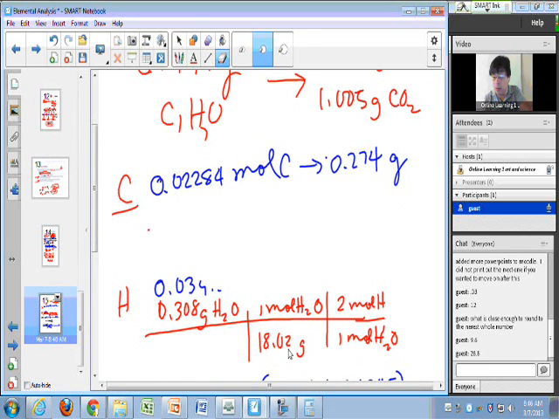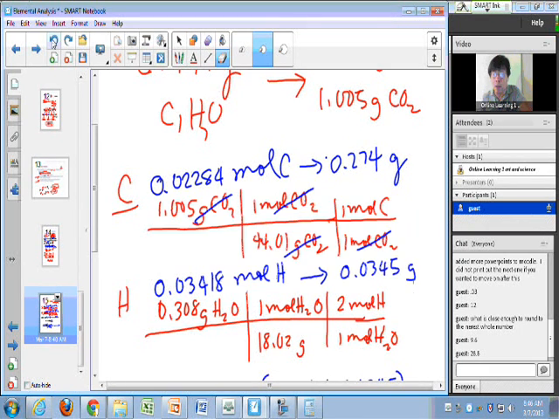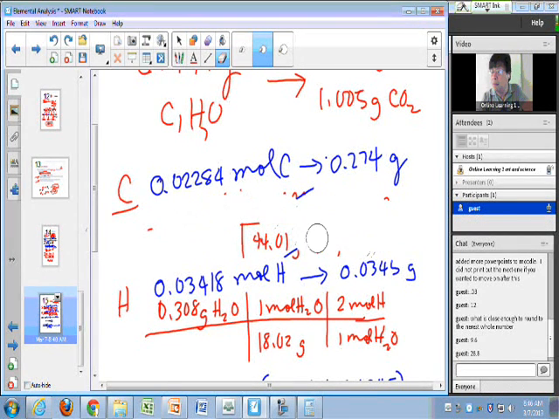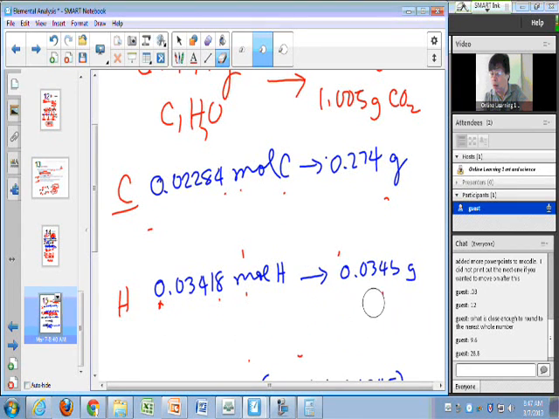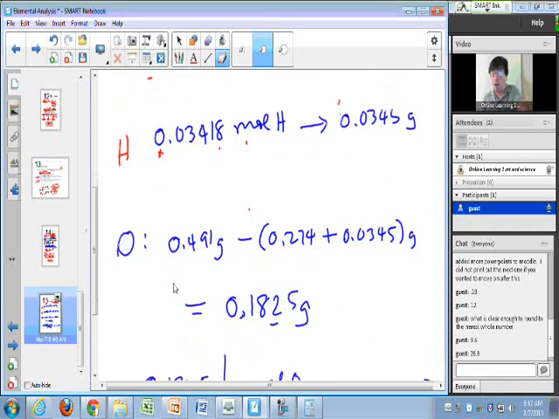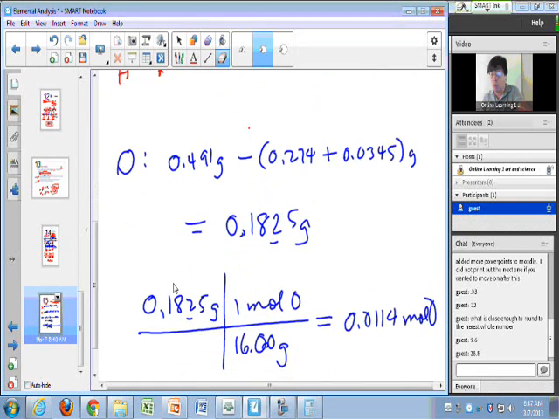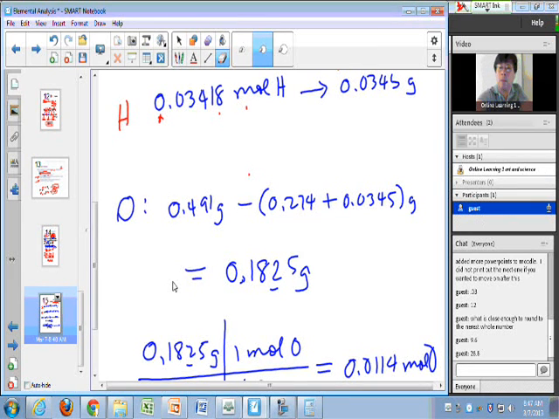Oh, I just lost my hydrogen. How much hydrogen did I have? Maybe I can undo that. Oh, there it is. So let me clear this out a little bit so it's easier to see. And my oxygen is 0.0114 moles.